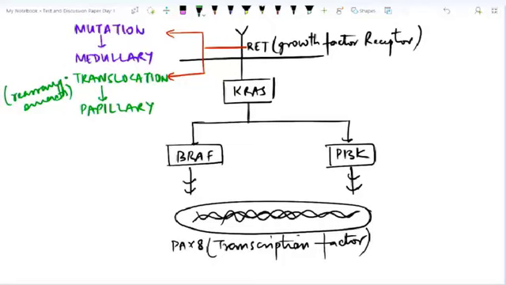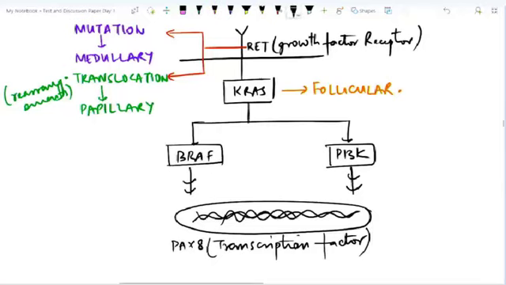So RET rearrangements are seen in papillary, whereas RET mutations are seen in medullary. KRAS is seen in follicular carcinoma.